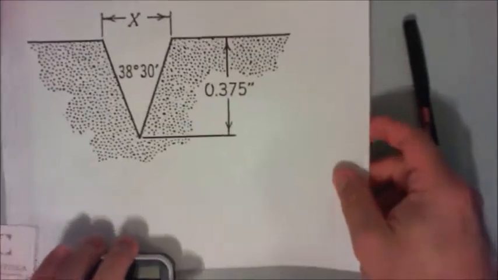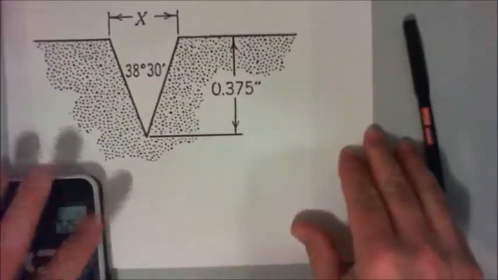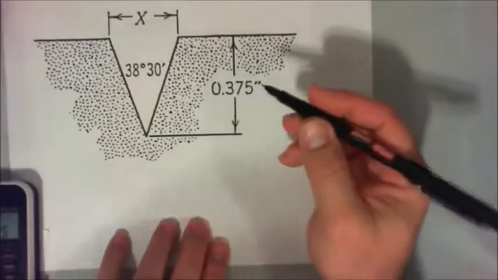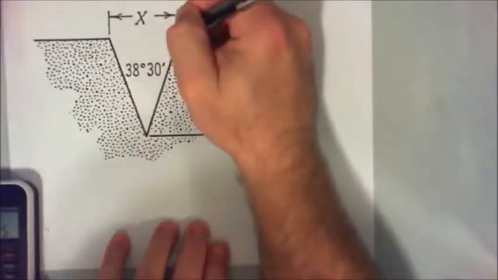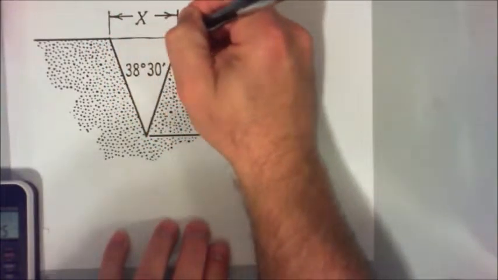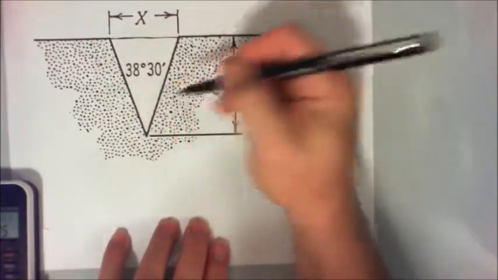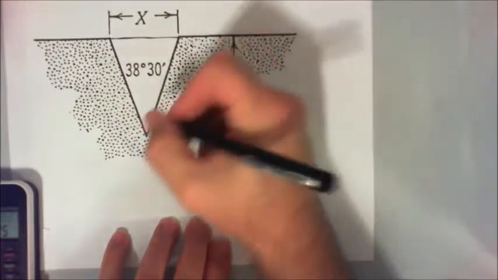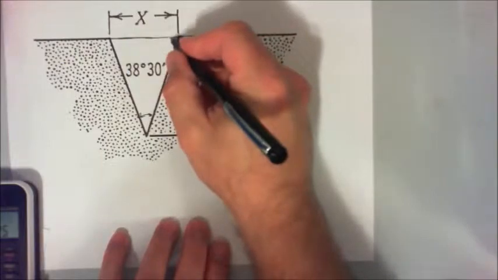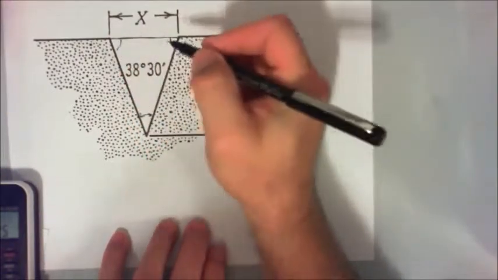Well, wait no longer. Okay, so what do we have here? We have a triangle that goes across here. These guys are equal lengths here. So if this angle here is 38 degrees 30 minutes, what is this angle and this angle?